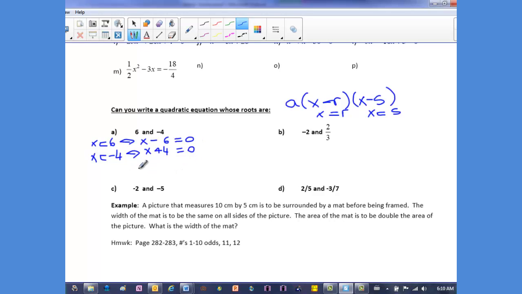So the possible equation is x minus 6 times x plus 4 equal 0. And now you can multiply the two binomials and find what the standard form of the equation is.